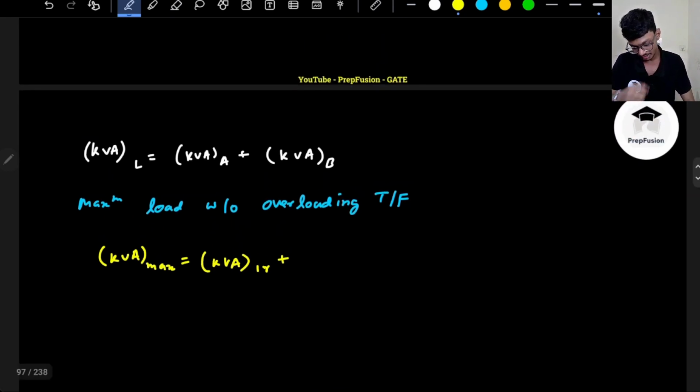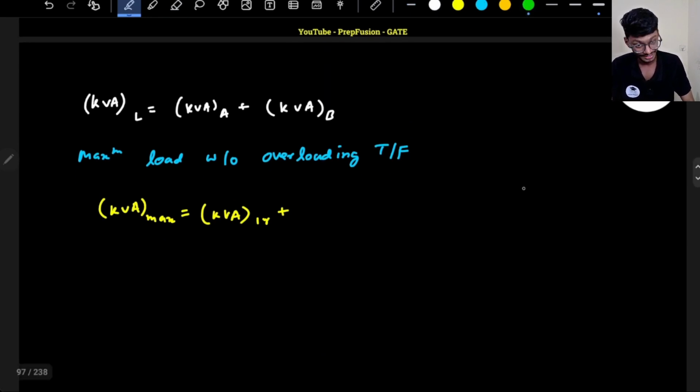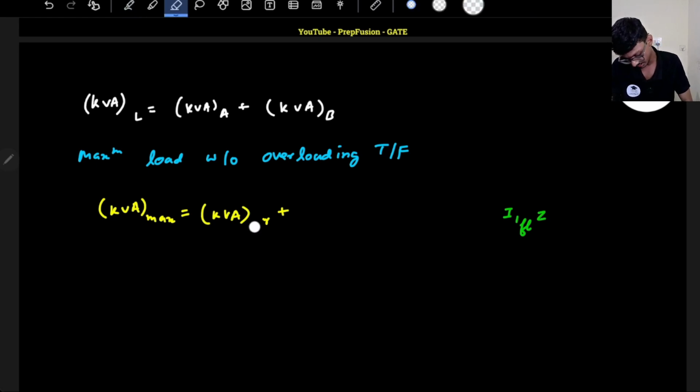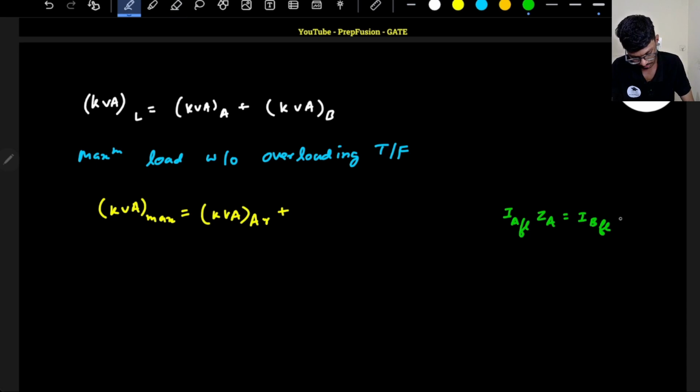One thing I know is that this condition will be satisfied. What is the condition? Transformer 1 is reaching rated condition first. So this will be I1FL into Z1. Let me write it in terms of A and B only. So IAFL into ZA will be equal to IB into ZB.